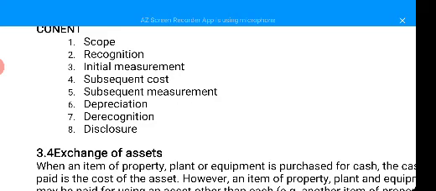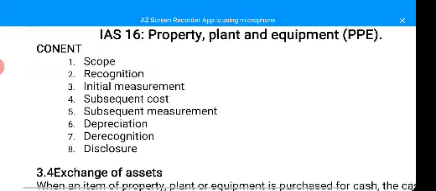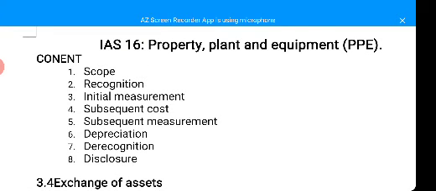So what is the recognition criteria? How do we recognize an asset? The criteria for you to recognize an asset are, one, the asset cost must be measured reliably. Two, the revenue from the asset must flow to the entity.